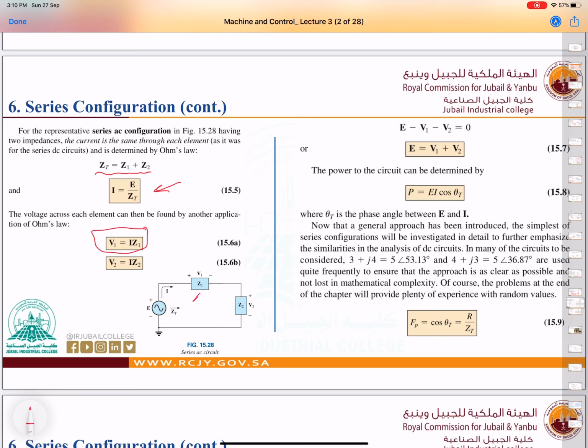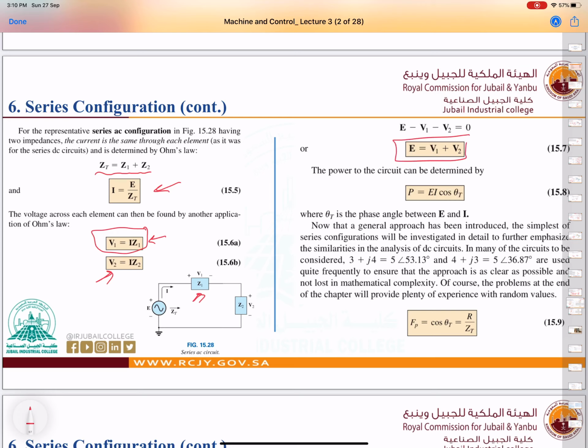So V1 is equal to I Z1, because the current is the same, and V2 is equal to I Z2. Okay, this is from circuit one. This is for the Kirchhoff voltage law. We know that E is V1 plus V2.